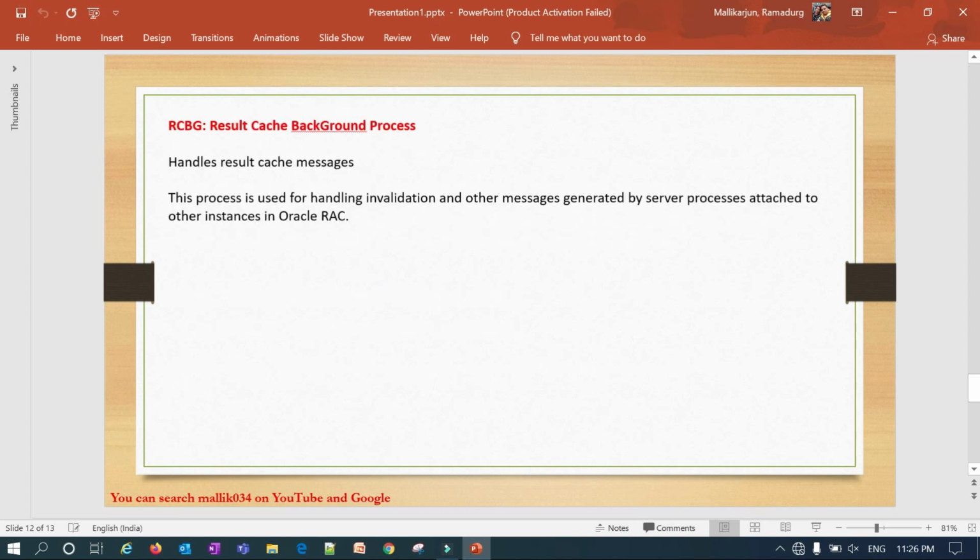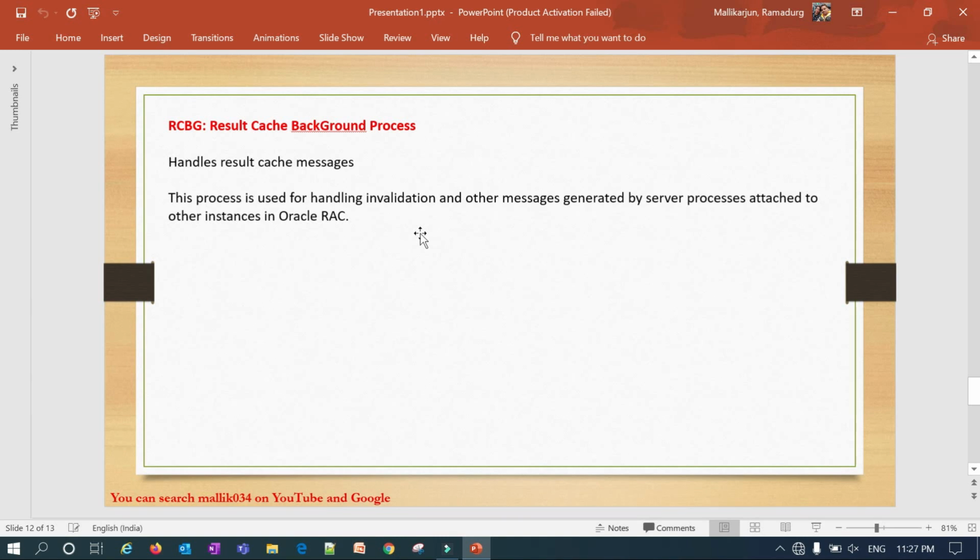So if I go to the next, RCBG, the Result Cache Background Process. The moment you see result cache background process, you should know what this background process does. It handles the result cache messages. What are the cache messages it handles? Basically, it records the messages from the other instances or cluster remote nodes.